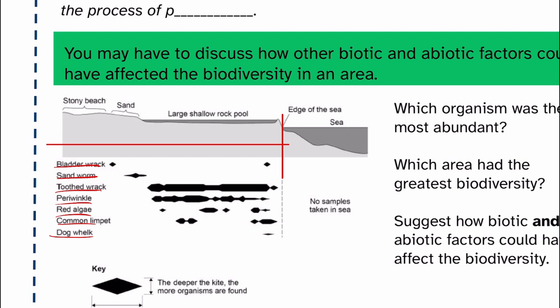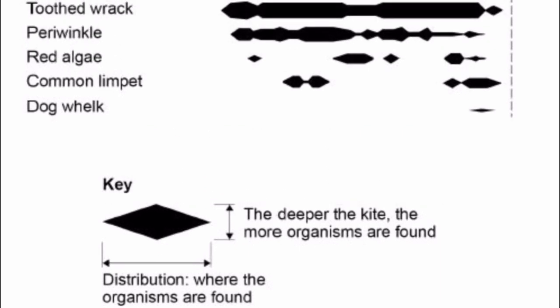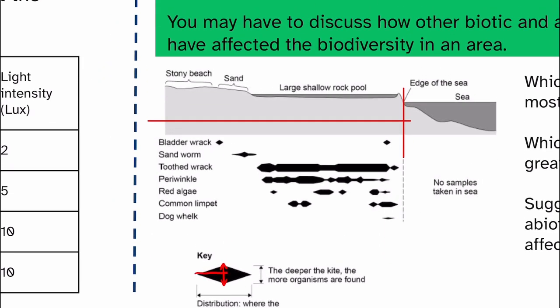They've done quite a lot of different tests and recorded, so there's a little key down here: the deeper this line is, the more organisms there were in that area, and the wider the line is, the more places the organism was found.